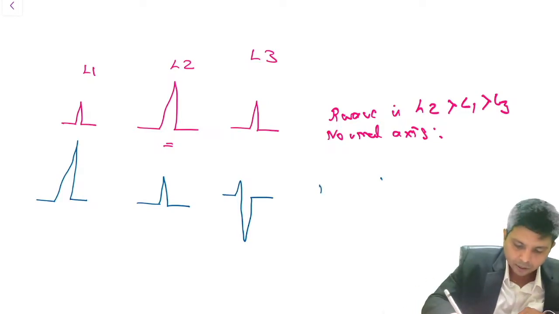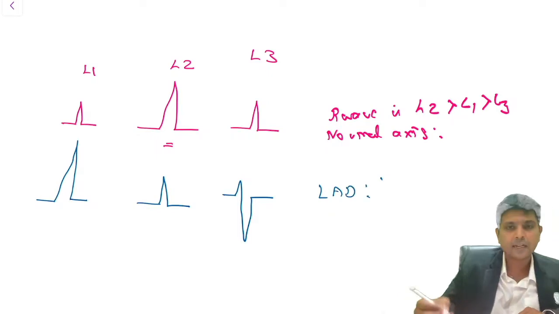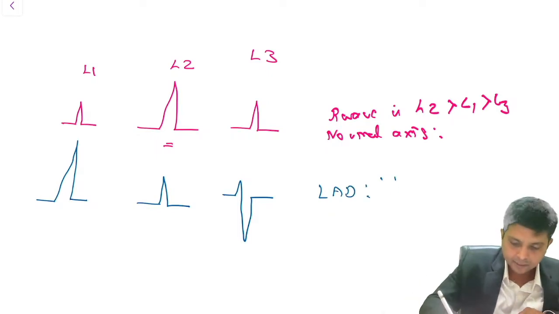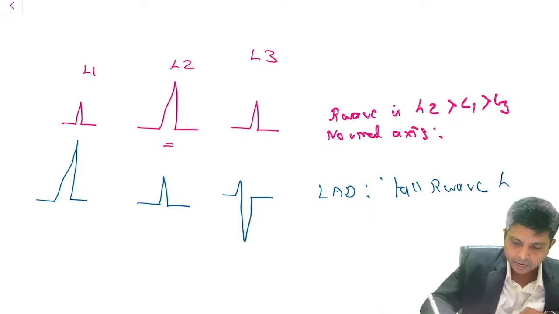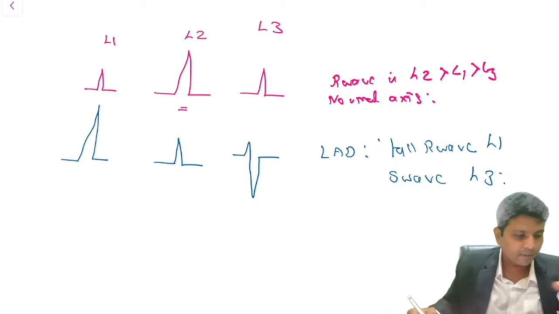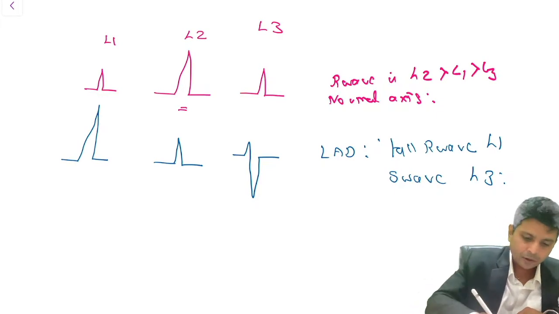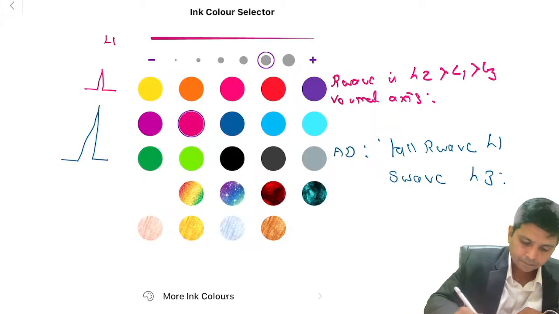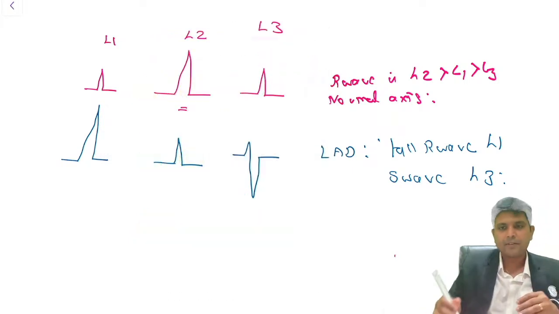So this is called left axis deviation: a tall R wave in lead 1 and a negative S wave in lead 3 is called left axis deviation. And finally, what is called right axis deviation?